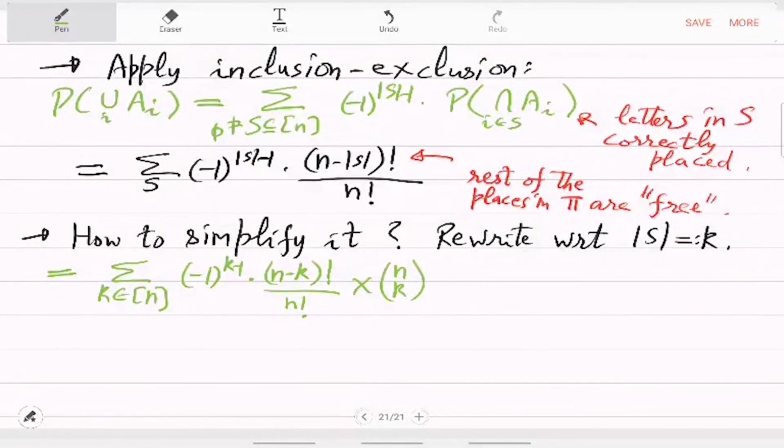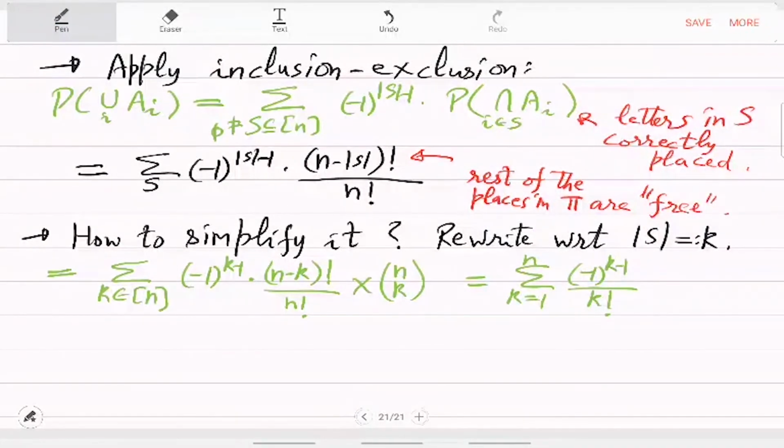And n choose k is n factorial over k factorial times (n minus k) factorial. So things very nicely cancel out and you get this expression.